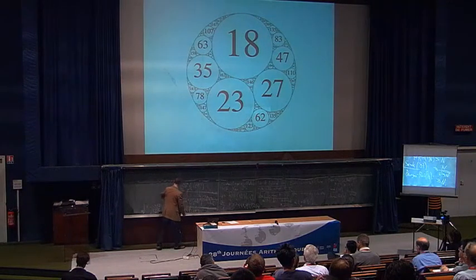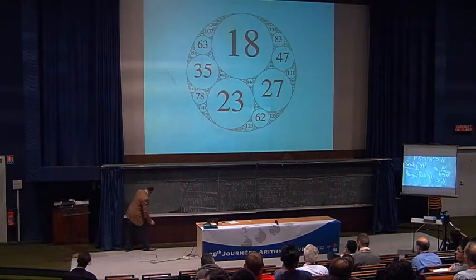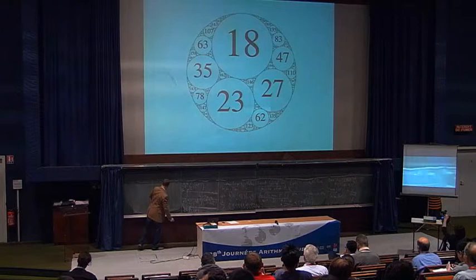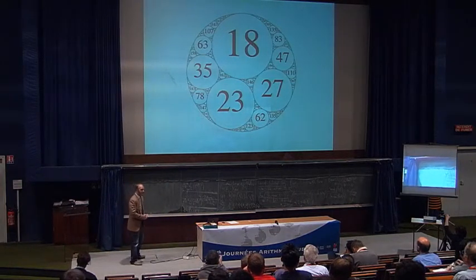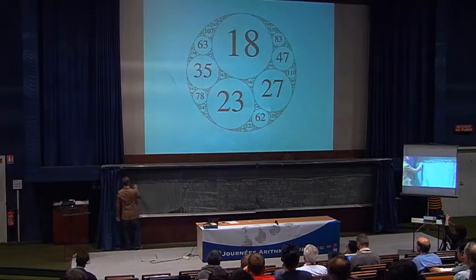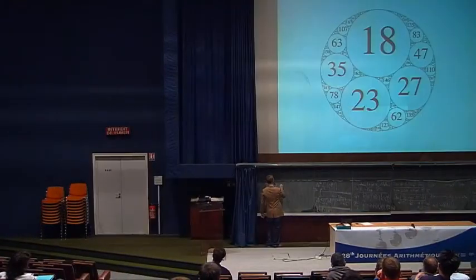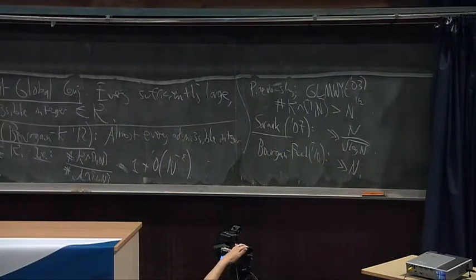So what's going on? What's going on was initially observed by Descartes. So here's an old theorem of Descartes from 1643, let's say.